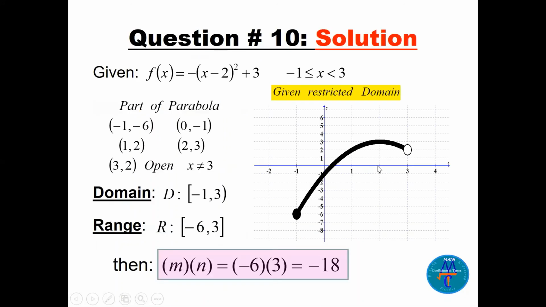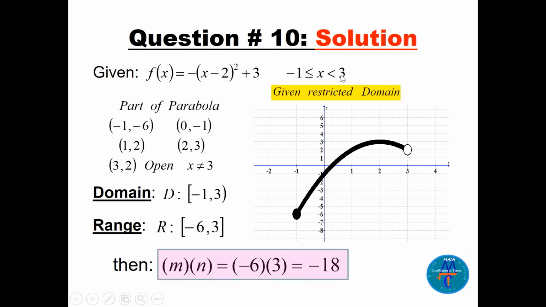So that's a restriction. The given here is a restricted domain from minus 1. If I put minus 1 there, you put minus 1, minus 2, square it, that's minus 6. You see minus 1 gives minus 6, put it there. And then you can take other points until you reach 3.